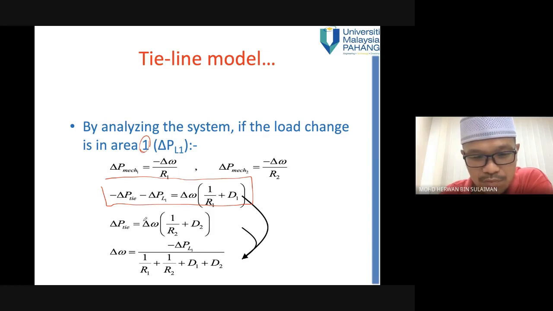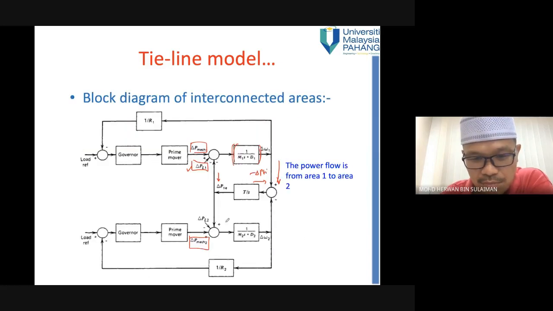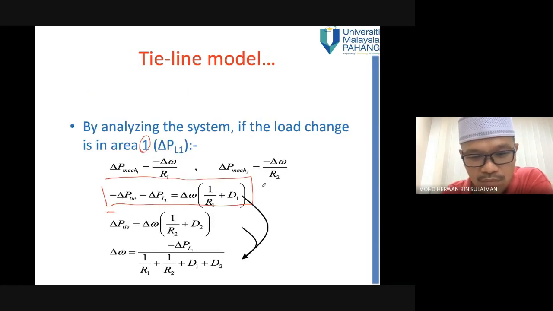And then also we can see for area number 2, delta P tie here is delta omega times (1 over R2 plus D2). And then you can rearrange these equations so that you can eliminate your delta P tie, right? You put this equation into this equation and then make a rearrangement.